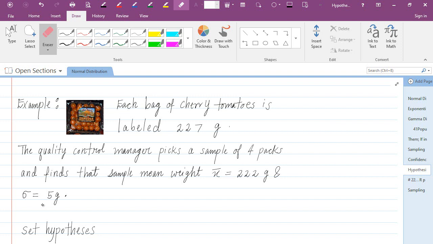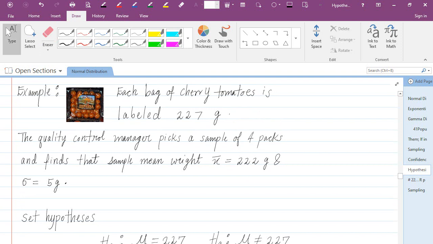So basically, we're assuming that the standard deviation of weight is 5 grams here. This is the population standard deviation, and the population mean weight is 227 grams, and we take a sample of size 4 here. This is the sample statistic.